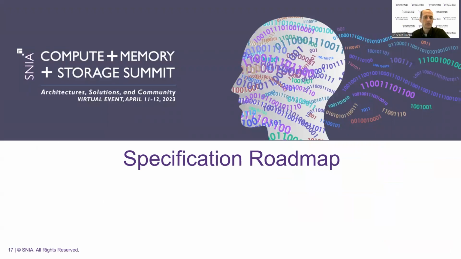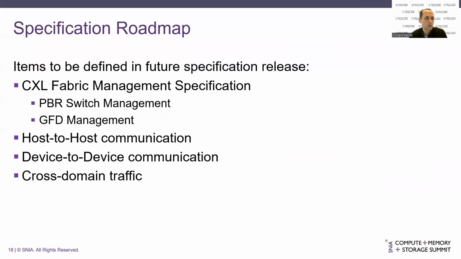Okay, so we've taken a look at a lot of interesting new technology introduced in CXL 3.0, but we're not done yet. The consortium's hard at work adding additional features and capabilities. So in future specification releases, we'll have a more fully fleshed definition of fabric management, including how PBR switches are managed, all the details on management of GFDs.